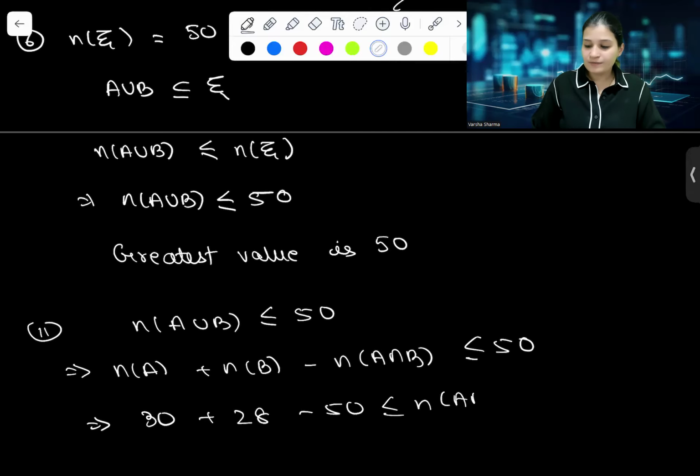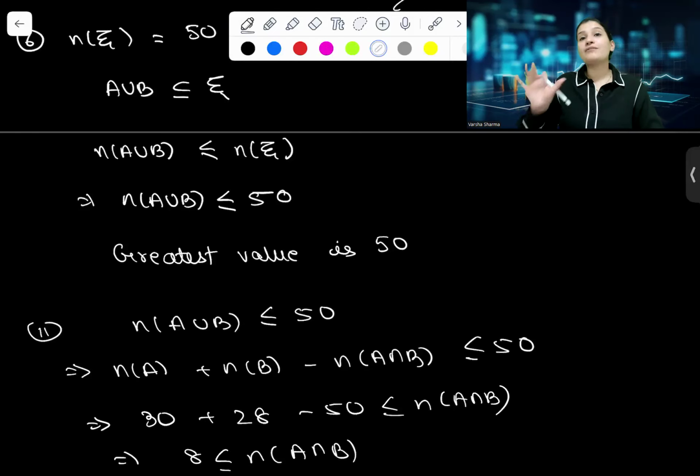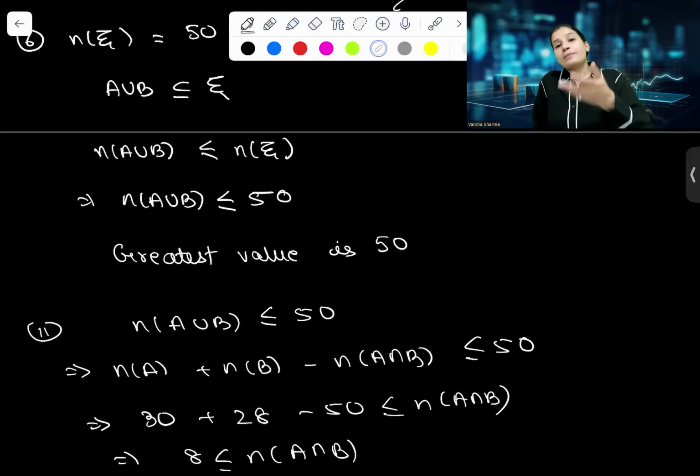This is the intersection, which is 8. That means I need to have a minimum of 8 in the intersection. Yes, because if I add A and B, I get 58 elements, and the universal set itself has only 50. So those 8 elements are definitely common. I can have more than that also, but at a minimum, I need to have 8 elements common. Agreed?